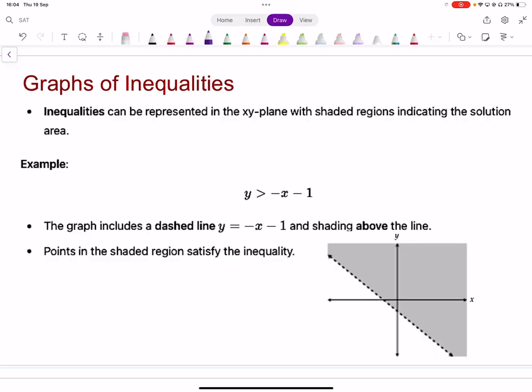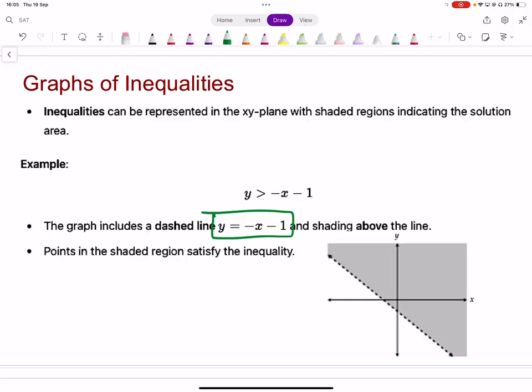Let's understand how this is done. For instance, let's say you have this inequality: y greater than minus x minus 1. How do you represent this inequality on a graph? You treat this as an equation, y equals minus x minus 1. Can you draw the graph of this equation? It's a straight line, right? You can put in any value of x and get the corresponding value for y.